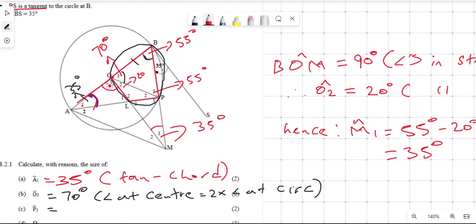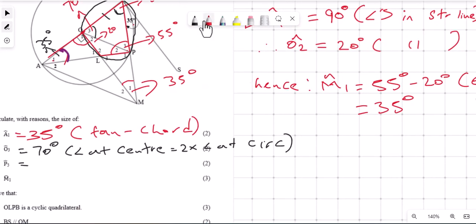So what if this one is equal to this one? And the question will be how? Let's look at APB. It's subtended by a diameter PB. Then it means APB is 90. And O1 is 90. Therefore, we are done.